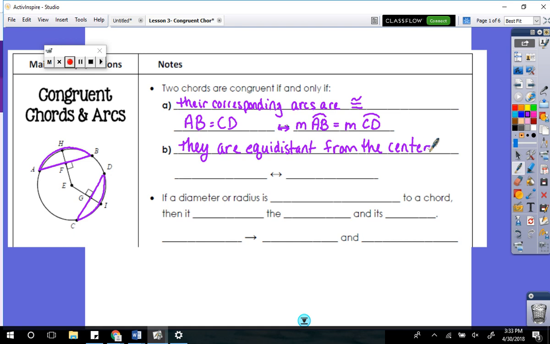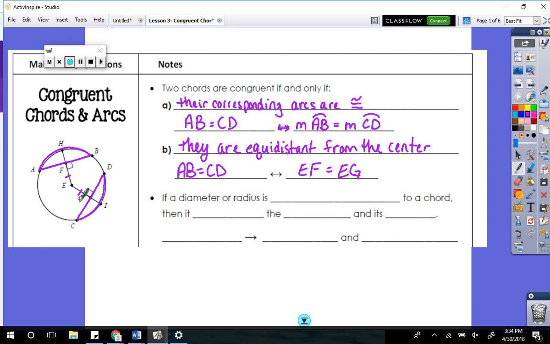Which means that AB is equal to CD, and both ways, EF is equal to EG. Okay, so this is equal to this piece here.